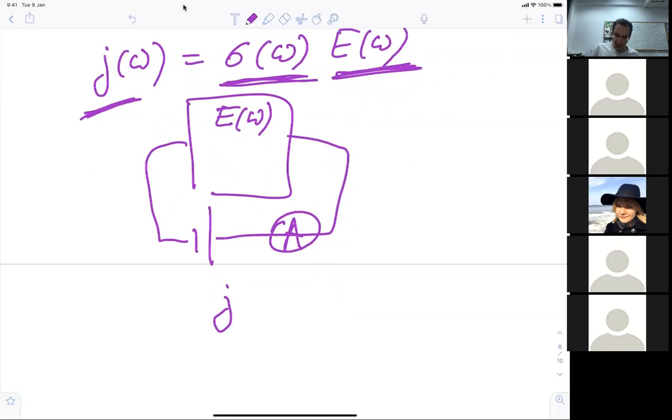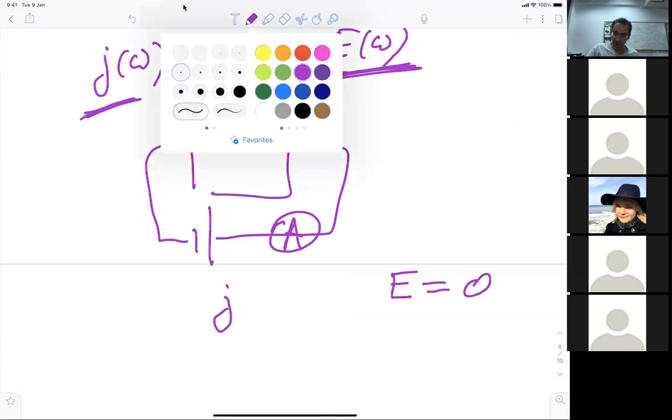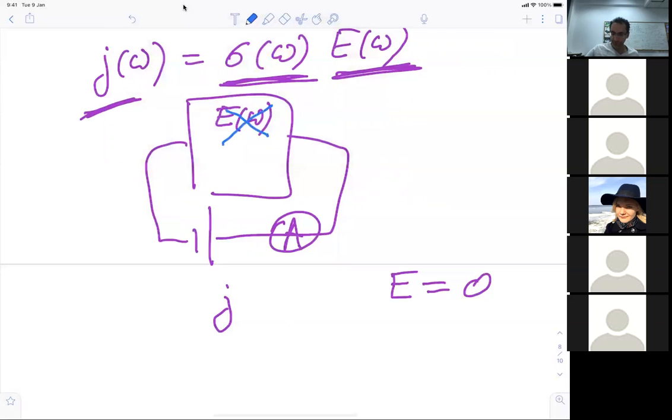So it goes like this. Let us now switch electric field off. In the same circuit that we consider above, we switch the electric field off, and consider the situation of thermal equilibrium.